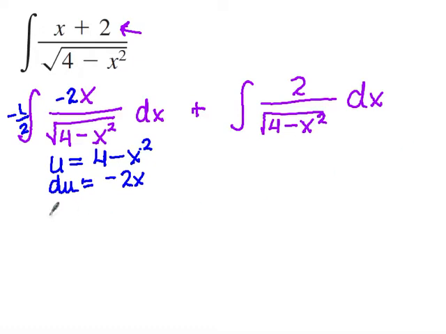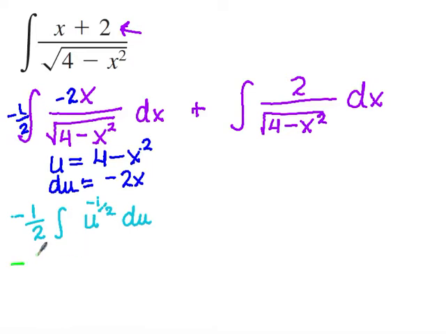So now if I rewrite this using nothing more than u and du, I get negative 1/2 the integral of u to the negative 1/2 du. Do you see where the u to the negative 1/2 came from? So now I need to go ahead and integrate, which means you add 1.